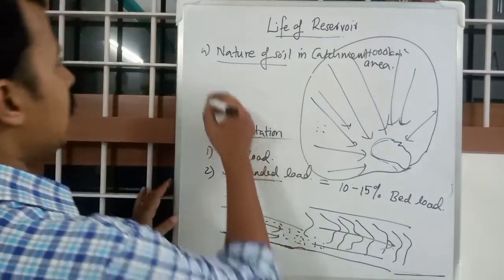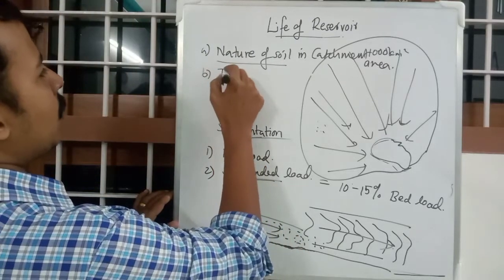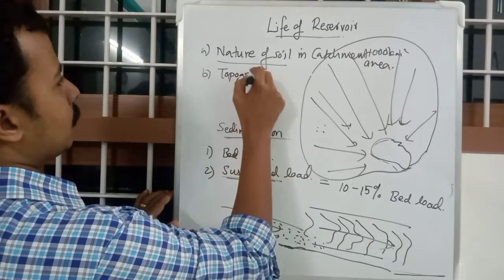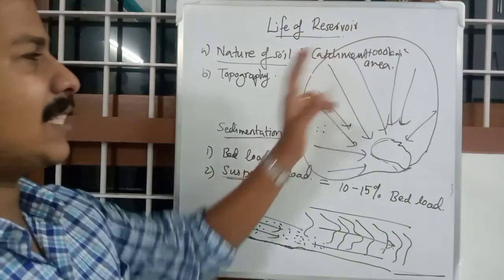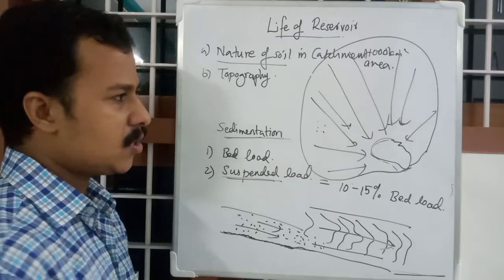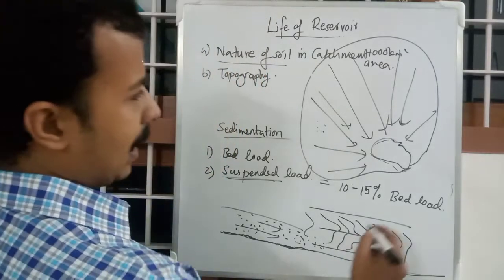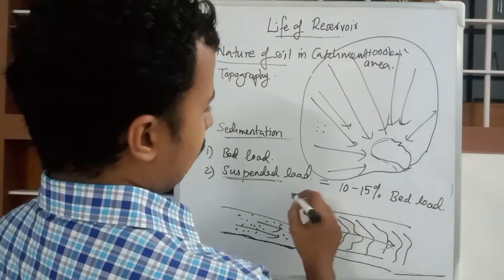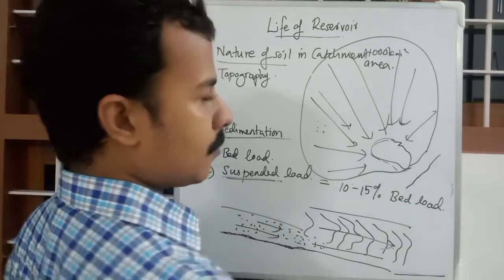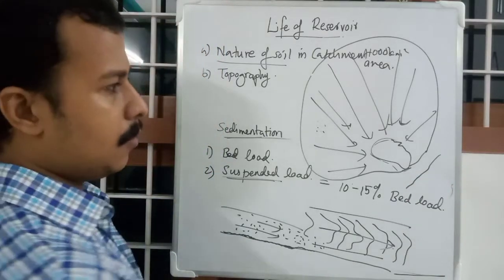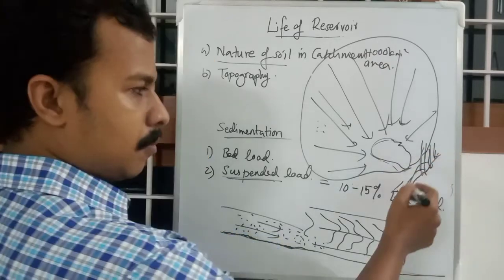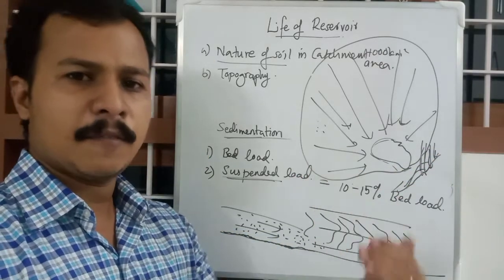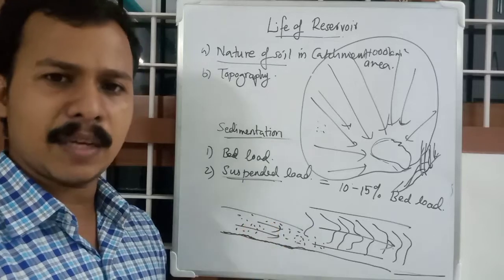And second one, B, topography of catchment area. Topography means if you have a very steep hill, then with more and more rainfall, more soil will be flowing downwards, hence sedimentation will be more.